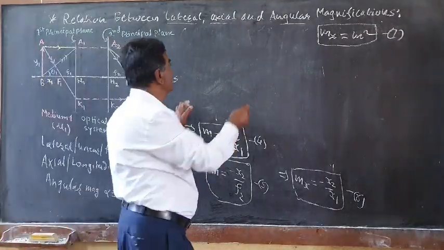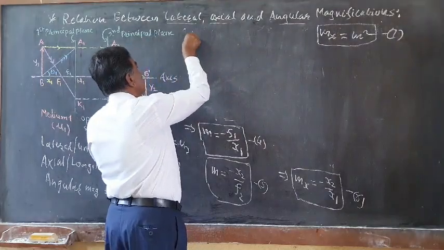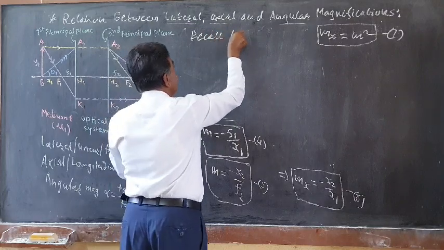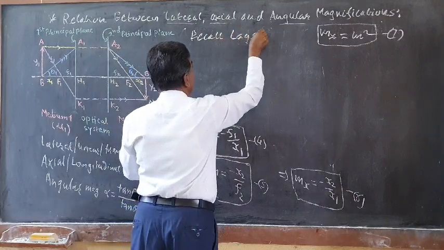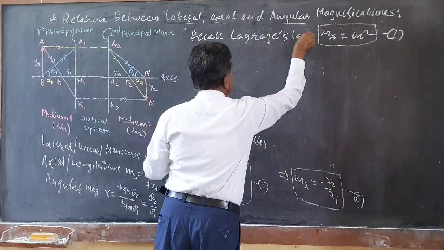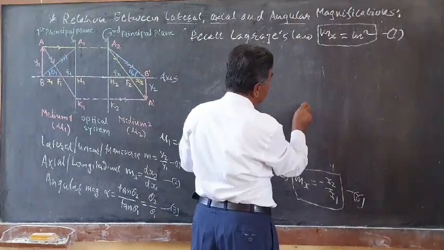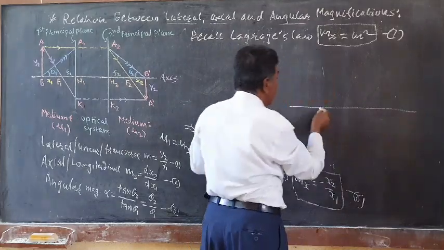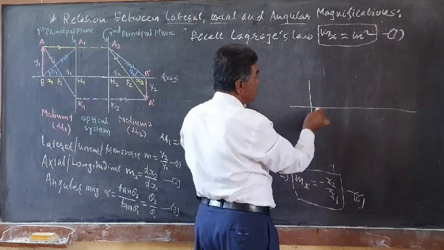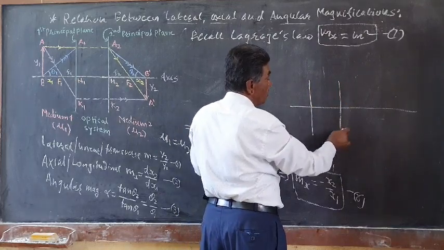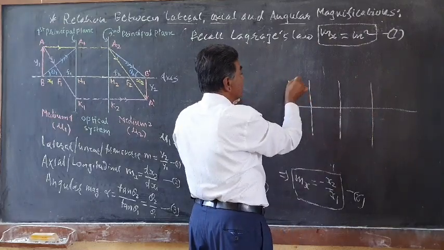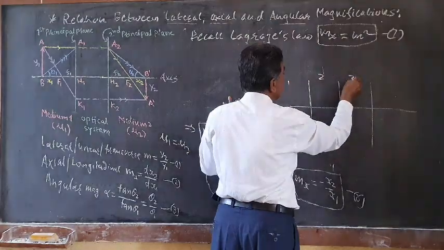Now here there is one law that we recall: Lagrange's law. So what is that law? Suppose this is the optic axis and there are many optical systems: this is one optical system, this is the other, this is the next, and the media are 1, 2, 3, and so on.